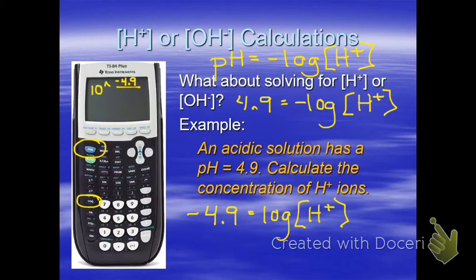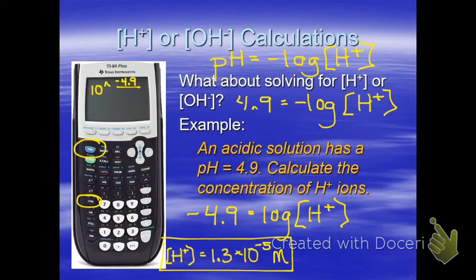So I get this. The H plus concentration is equal to 1.3 times 10 to the negative fifth power, and it's a molarity, so I'm going to put a capital M. Final answer. That's how you undo a log if you need to do that.